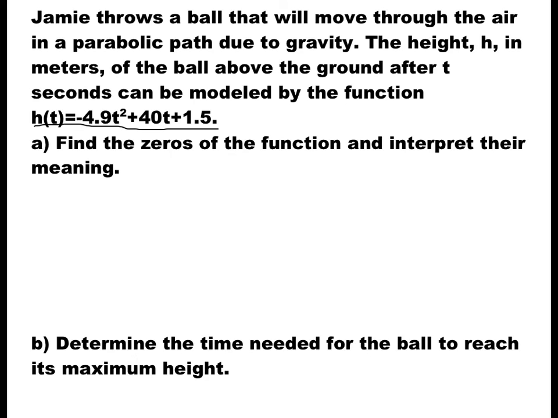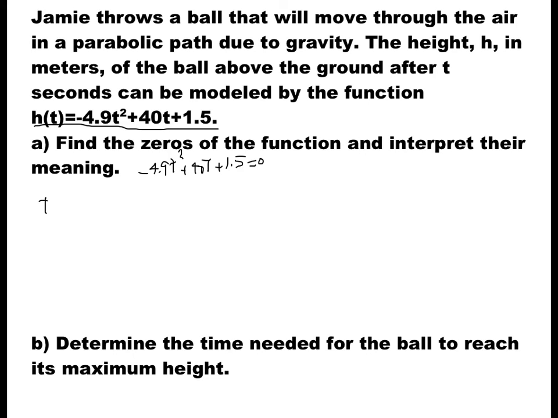To find the zeros, we are going to use the quadratic formula. And remember that an x-intercept is when h, the height, is 0. So we are going to say negative 4.9t squared plus 40t plus 1.5 is equal to 0.